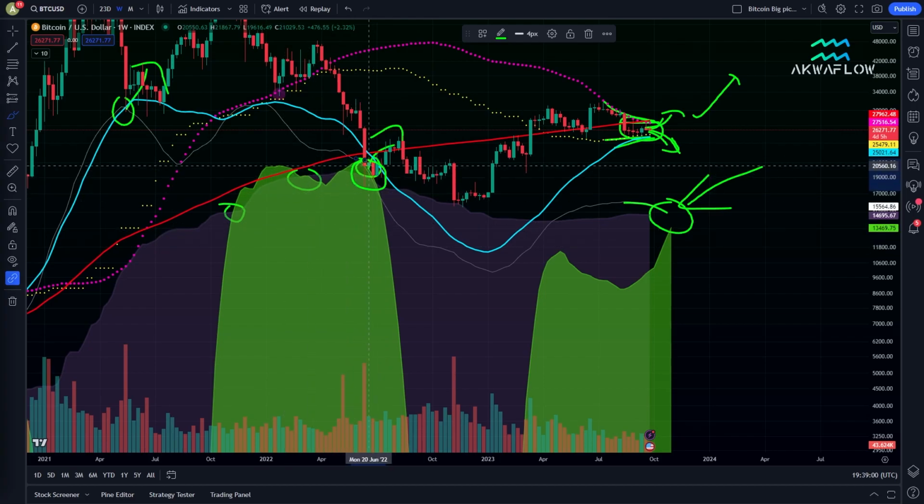But what is scary is, look, the gray line. The gray line was far away from us, but it was when the gray line came in the area of the mountain indicator and the bottom line that we got an attraction of the price. And right now we have three lines forming a confluence point, so I will really pay attention to this.